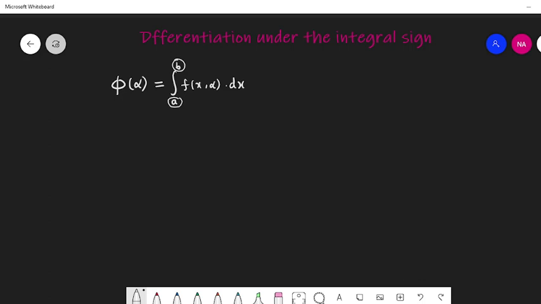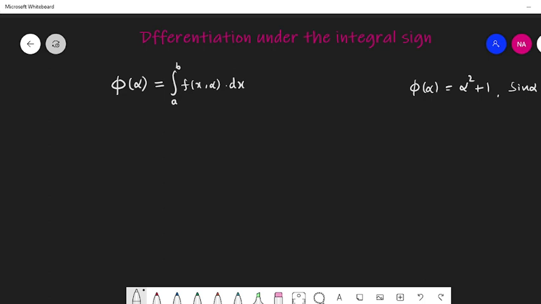Now, how to deal with these functions? How to find the derivative of such functions? If the function is given in explicit form, say for example, phi of alpha equal to alpha square plus 1 or phi of alpha equal to sin alpha, then you can find its derivative. There is no issue in that.